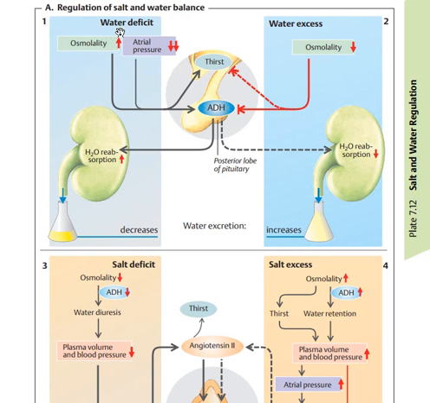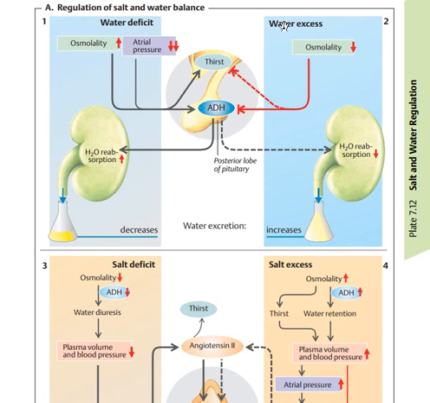The increase in osmolarity and reduction in arterial pressure are going to cause the secretion of ADH from the posterior pituitary gland, and thirst is also going to be activated. When ADH is secreted, this is going to cause reabsorption of water from the kidneys, and thus the urine volume is going to decrease.